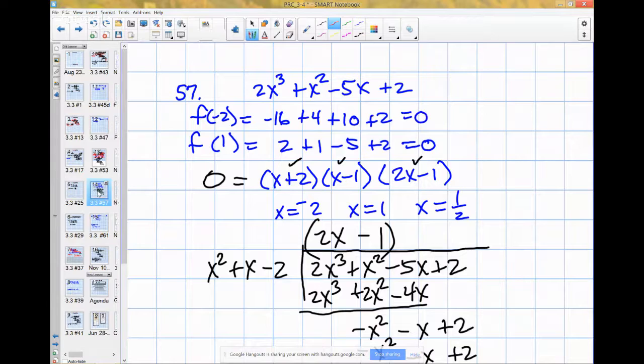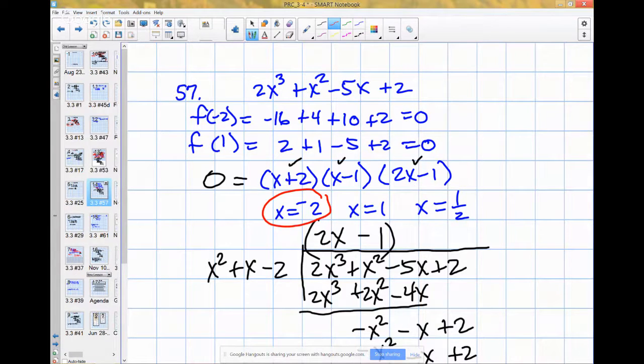So, how can I verify that? How can I show that x plus 2 is a 0? Well, if x plus 2 is a 0, then this would be a solution, correct? If x plus 2 equals 0, then wouldn't x equal negative 2? Well, check it.